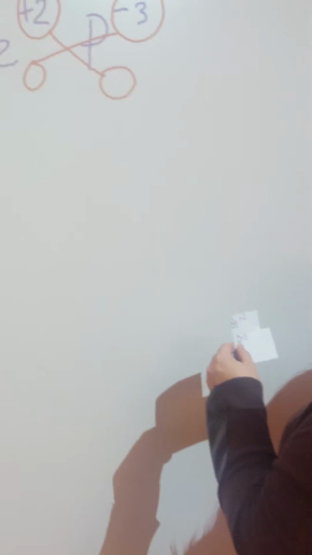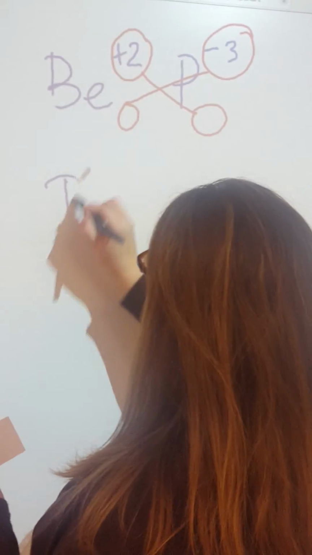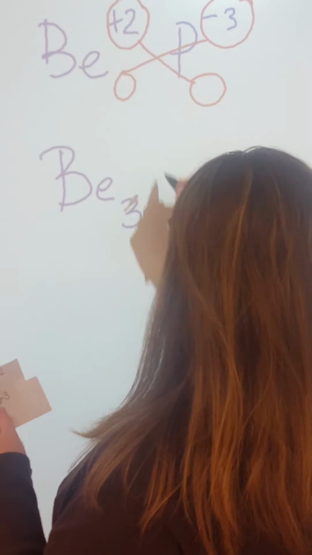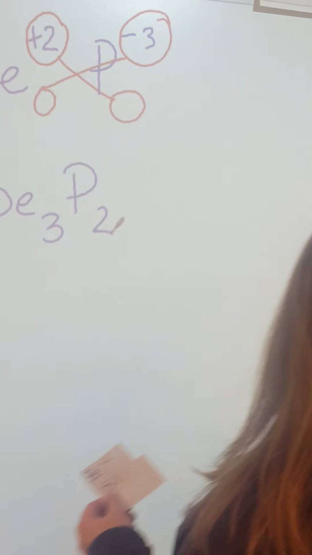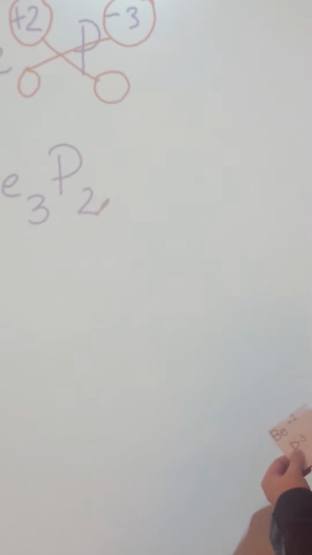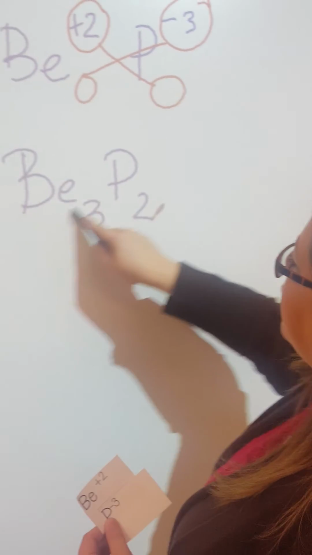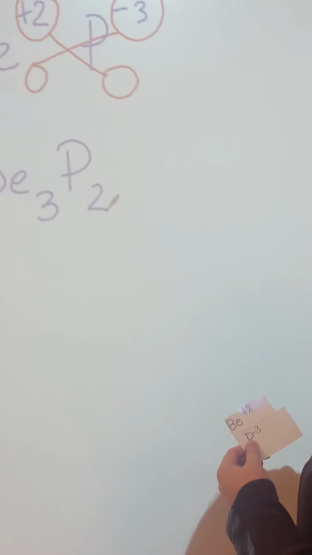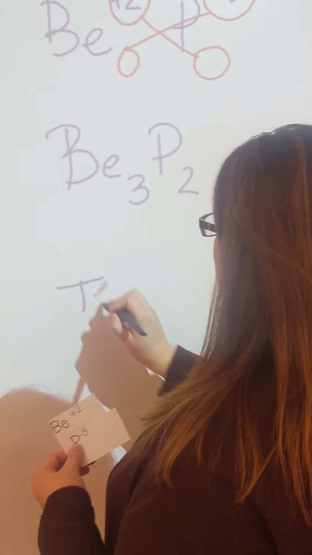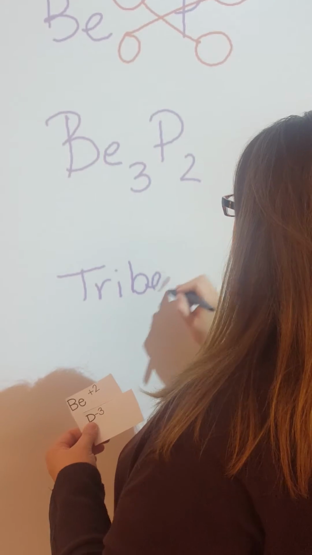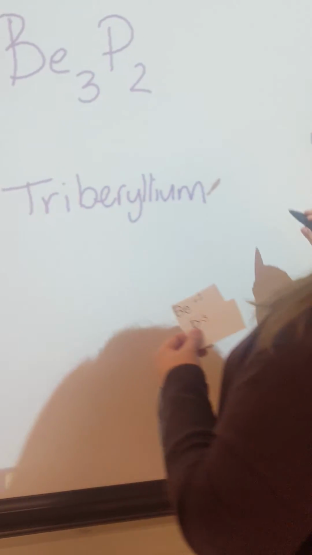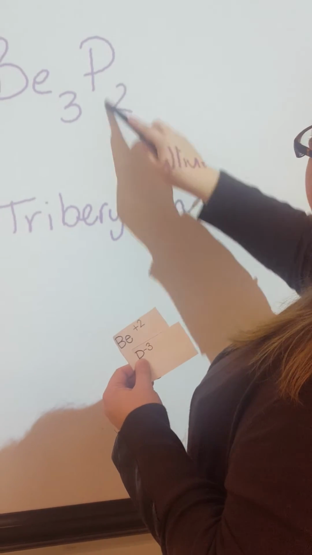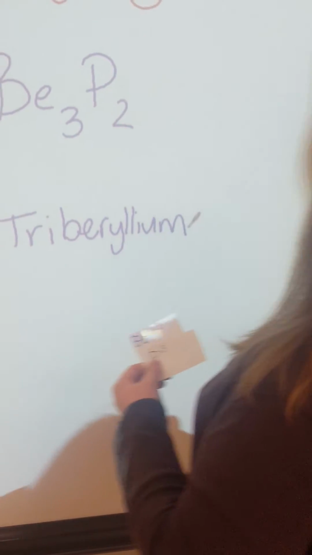Now I'm going to rewrite my formula. So I have Be3P2. Now I'm going to begin to write the name. The subscript for beryllium is 3. The prefix is tri. So I have triberyllium. And the subscript for phosphorus is 2.